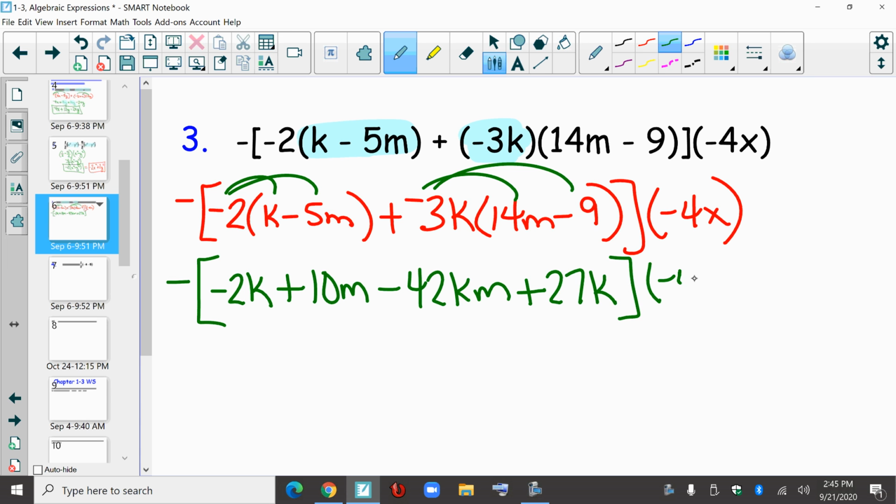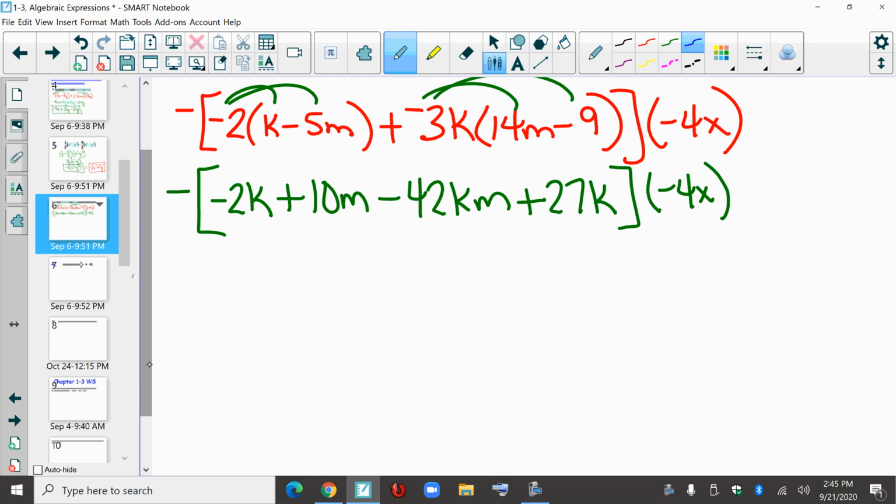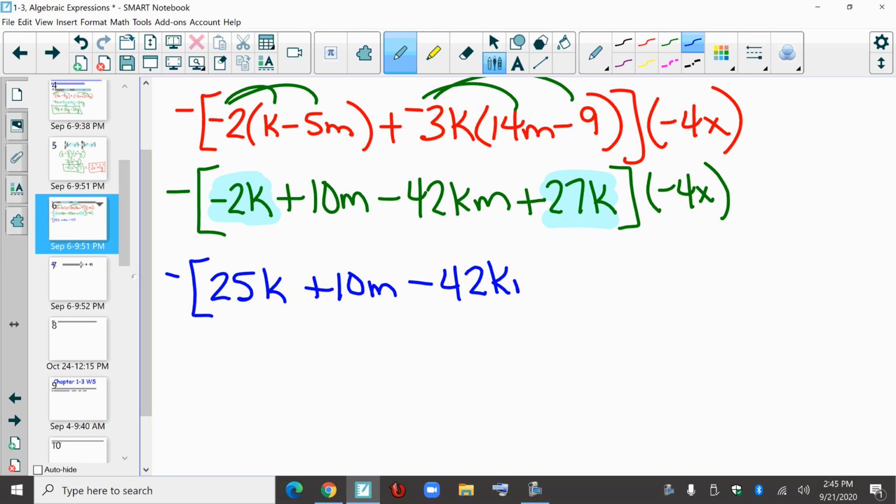Close the bracket, drop down the negative 4x in parentheses. Now I'm going to simplify my bracket by combining any like terms. So at that point, negative 2k and 27k are my only like terms, and that's going to give me 25k, dropping down the 10m minus the 42km, drop down the bracket, and the negative 4x in parentheses.